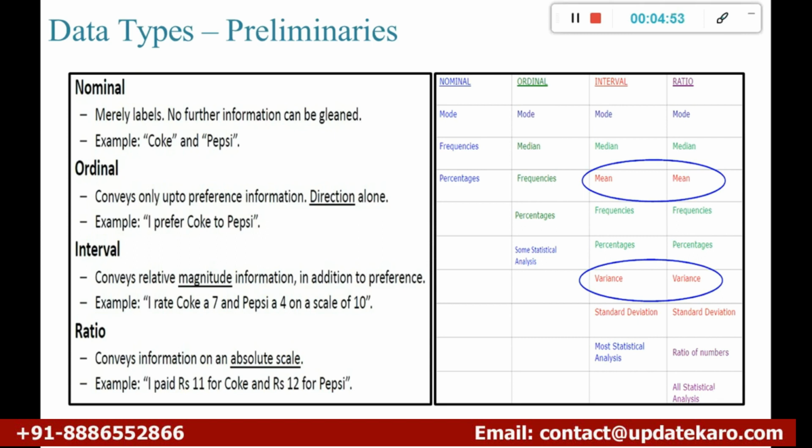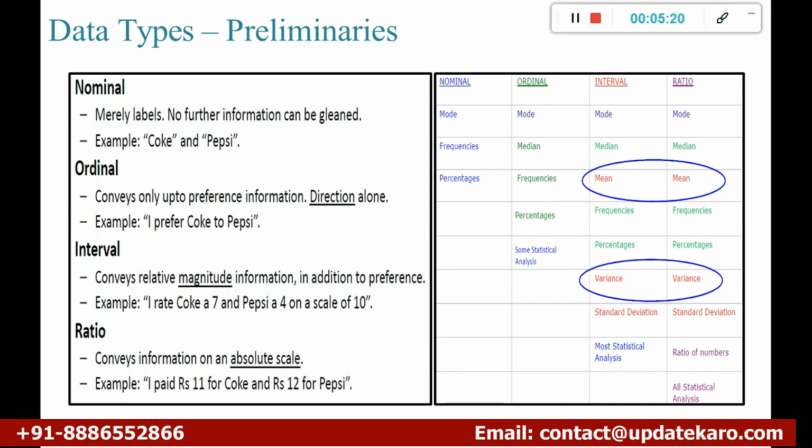We always rate them between intervals, and that interval is fixed. It never changes. If Amazon is asking me for ratings, then the start and end point for the ratings will always be the same irrespective of the product. For any product, the ratings will be the same.